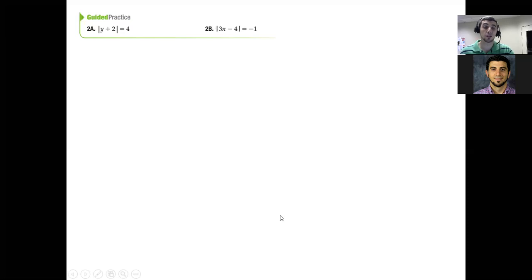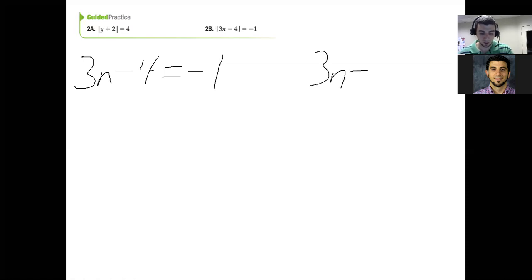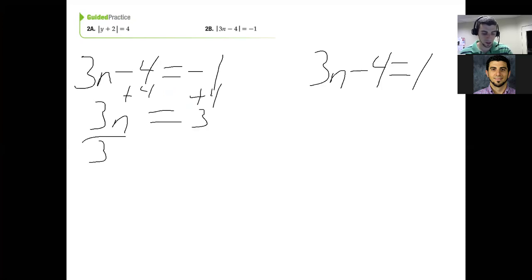If you did, you'd get two answers, and then when you check them, they wouldn't work. Let me just show that to you, just in case you messed up, okay? So 3n minus 4 equals negative 1, 3n minus 4 equals 1. So I'd add 4 and get 3n equals 3, divide by 3, you get n equals 1.